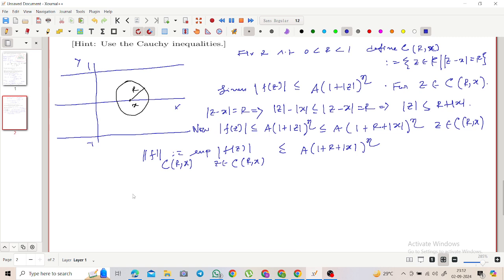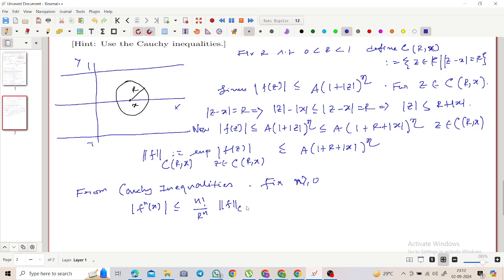Then what do we get from Cauchy inequalities? What do we guess? Fix n greater than or equal to 0. This is n, this is not eta. From Cauchy inequalities we get mod of the n-th derivative of f at x is less than or equal to n factorial by r to the power n times the sup.